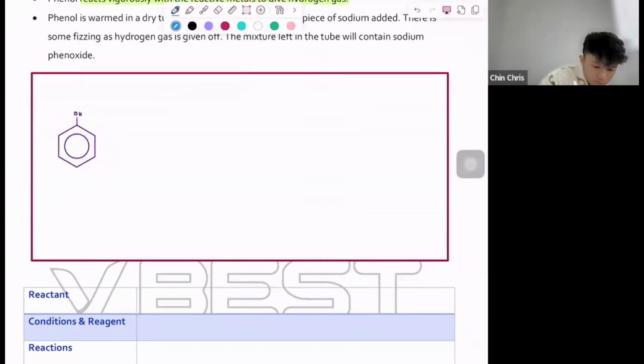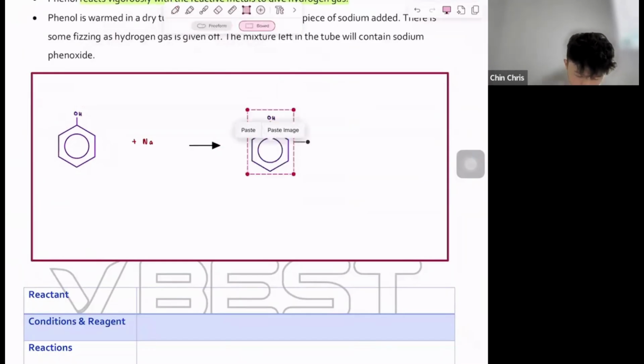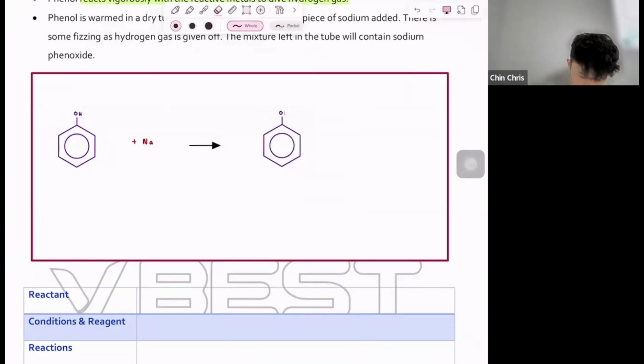Phenol plus a sodium metal will also turn into a phenoxide ion, and H2 is produced. To balance the equation, 2 phenol, 2 sodium, 2 phenoxide ion.